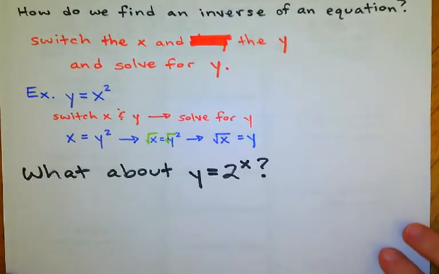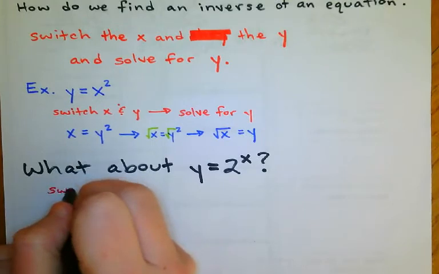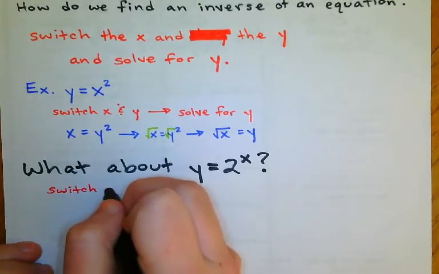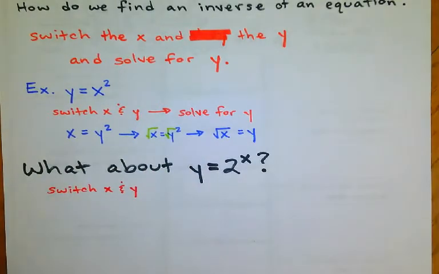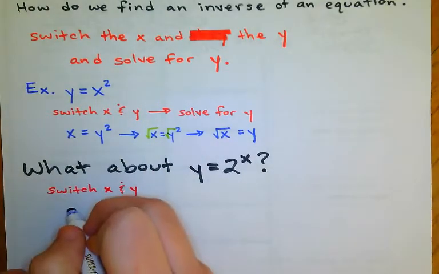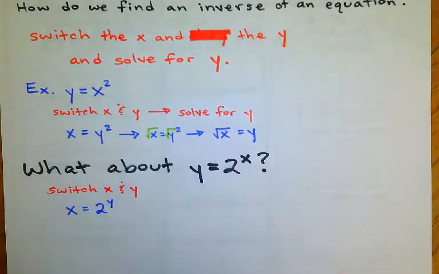I want to show you something really quick that's going to introduce us into logarithms. So, if we switch x and y, then that means what we have is now x equals 2 to the y.